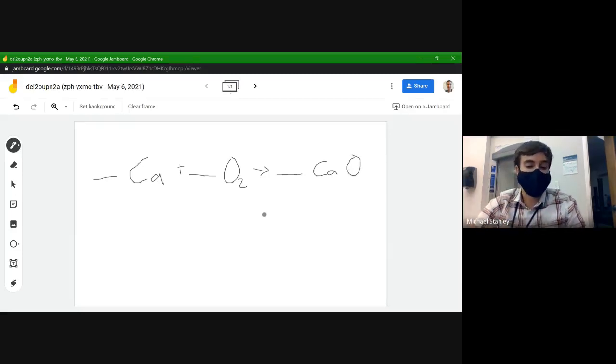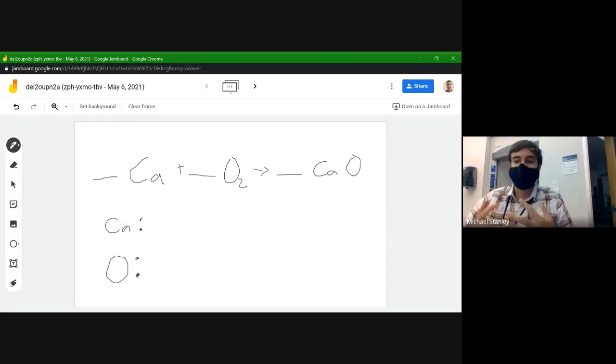All right, so another relatively simple example: Ca, calcium, plus O2, oxygen, is going to react together and produce calcium oxide, CaO. So Ca is one of our atoms, so I'm going to write that down here, Ca. And oxygen, O, is our other atom. So I'm going to write that down here as well.